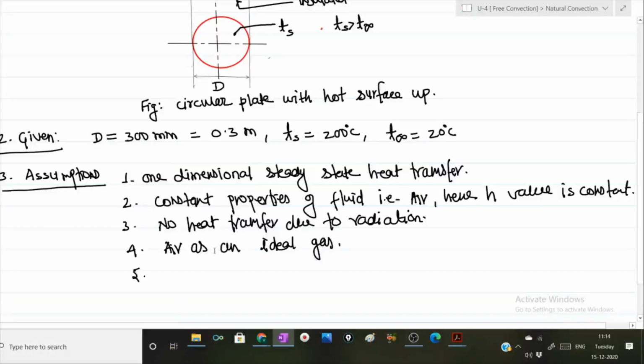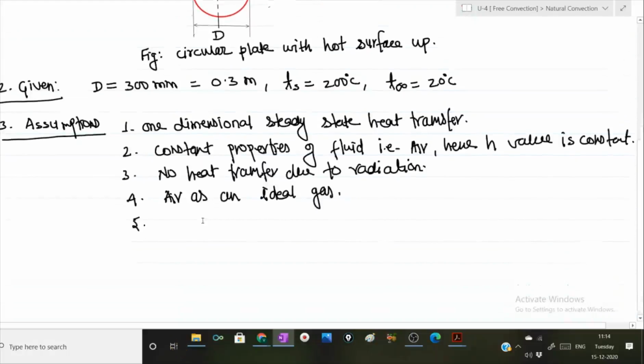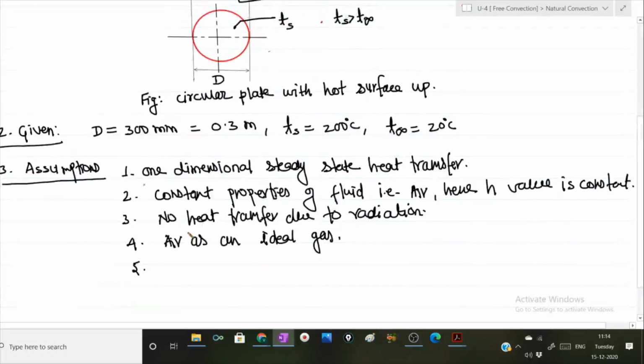And the last assumption we can make is homogeneous material of the plate.